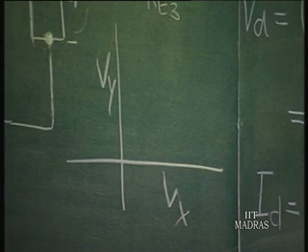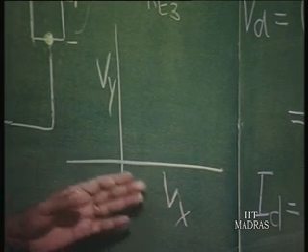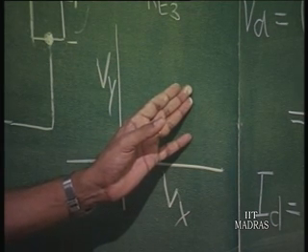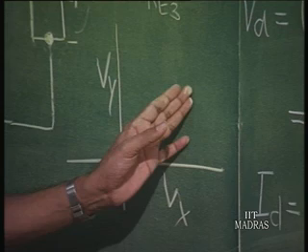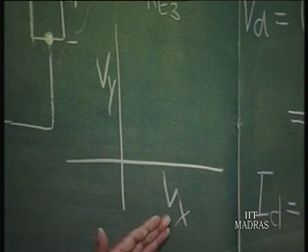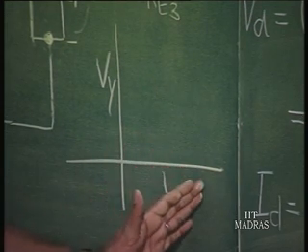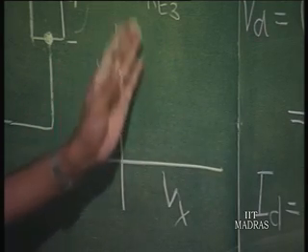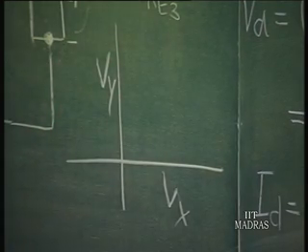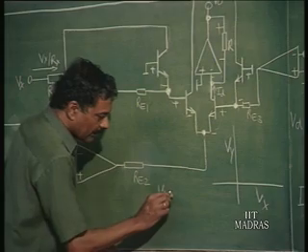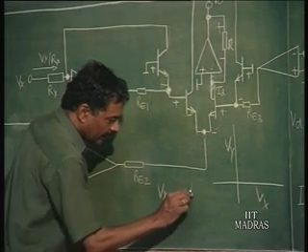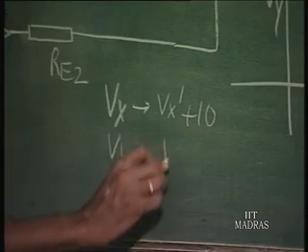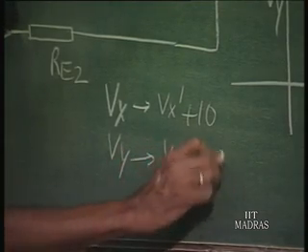but that is not a very serious limitation, because by properly selecting the operating point of this, I can make it work for signal which is going both positive and negative. That means, I can put Vx as equal to Vx dash plus 10 volts, Vy as Vy dash plus 10 volts.